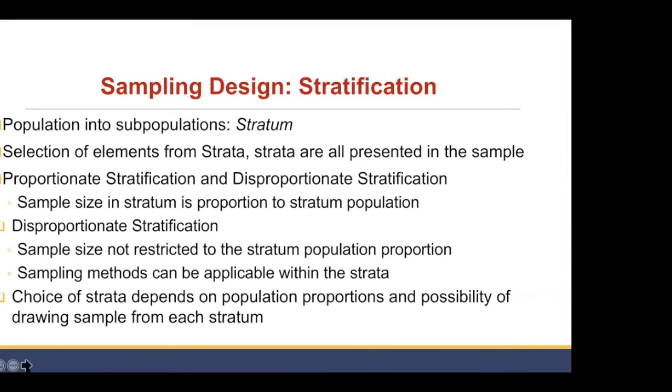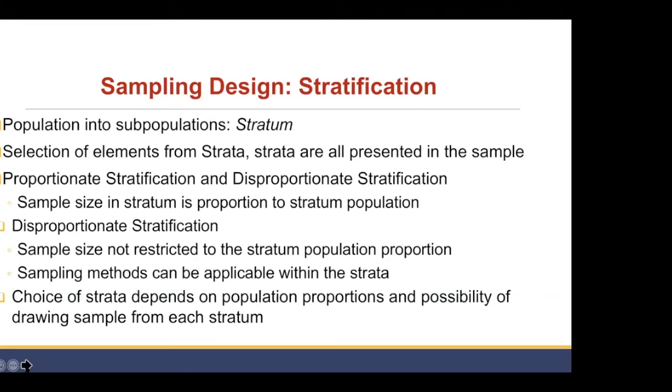But the thing to be considered here is that for proportional sampling, the sample size should be proportional to the stratum population proportion. So whenever you consider grouping the population, you have to consider whether dividing the population into strata is convenient, and after doing that, whether it is accessible to collect data from that particular subsample.